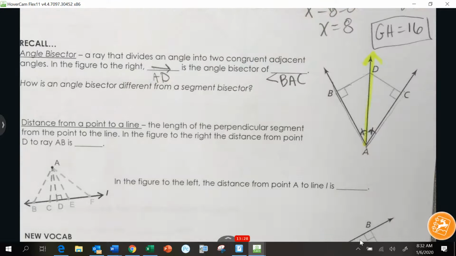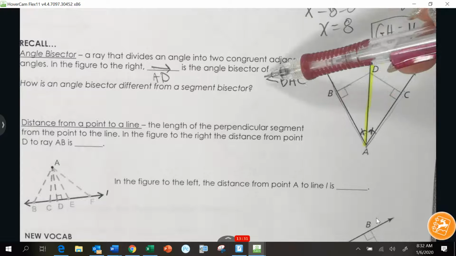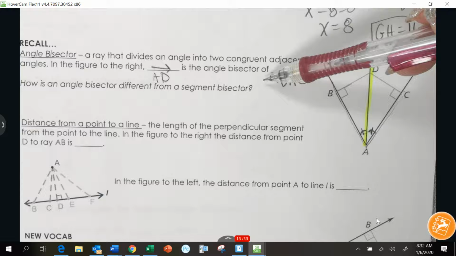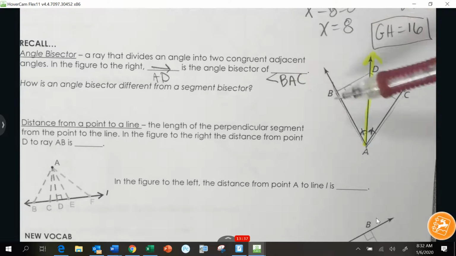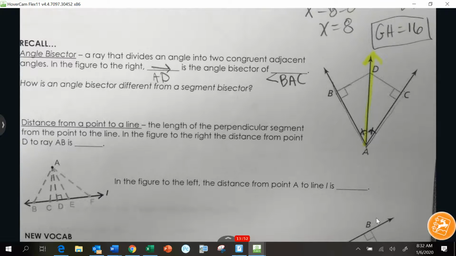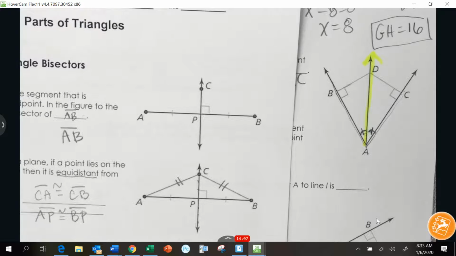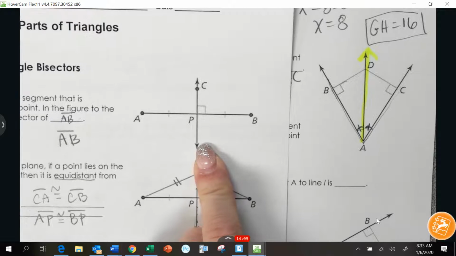How is an angle bisector different from a segment bisector? Stephen, can you answer my question? There's a segment bisector.